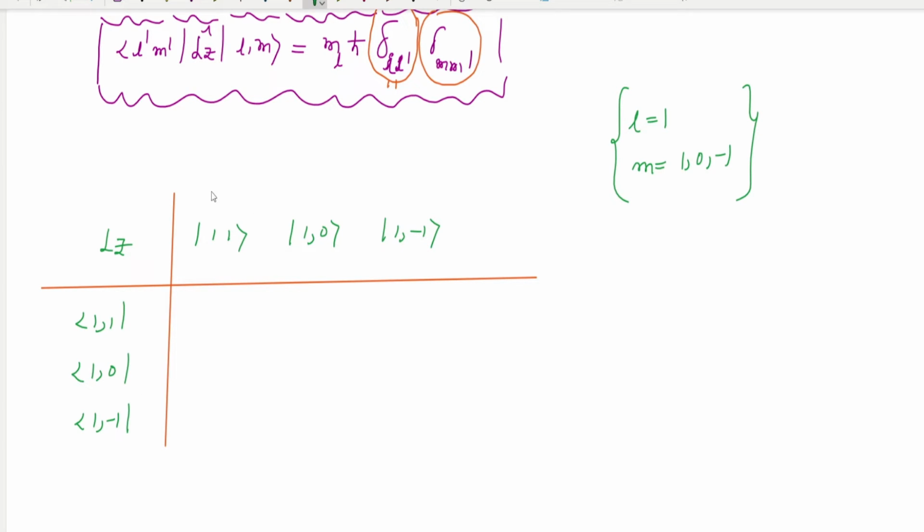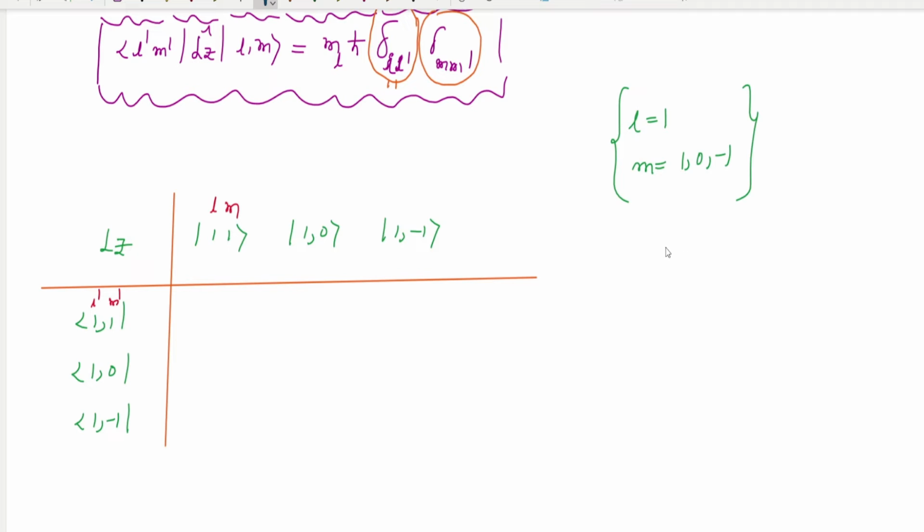So you know, right? You are aware of these things already. What does this ket mean? This is L, this is M, this is L prime, this is M prime. So now you can multiply carefully. This is the same state, right? Then you can get the answer here.